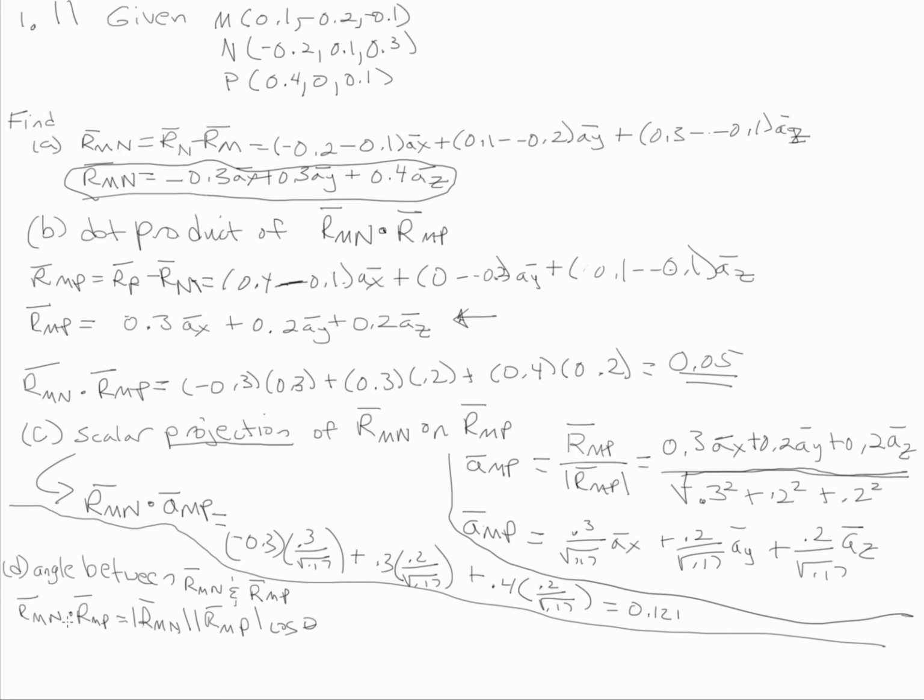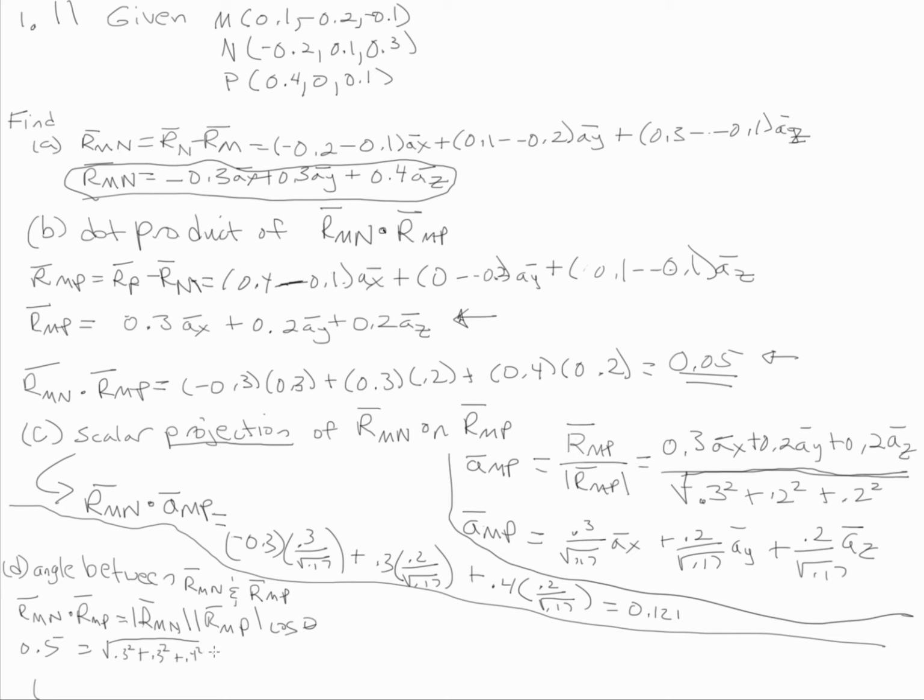And we know this because we calculated it here. So we got 0.05 is equal to, and then we do the magnitude of R_MN, which is going to come out to be the square root of 0.3 squared plus 0.3 squared plus 0.4 squared. That's the x, y, and z components.